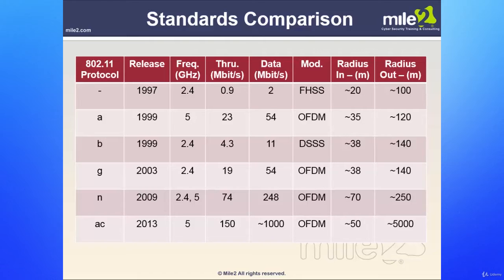And here, just very quickly, we have what's called frequency hopping spread spectrum. It's a method of transmitting radio signals by rapidly switching a carrier among many frequency channels using a pseudo-random sequence known both to the transmitter and the receiver. We have what's called OFDM, orthogonal frequency division multiplexing, which is also a method of encoding digital data onto multiple carrier frequencies.